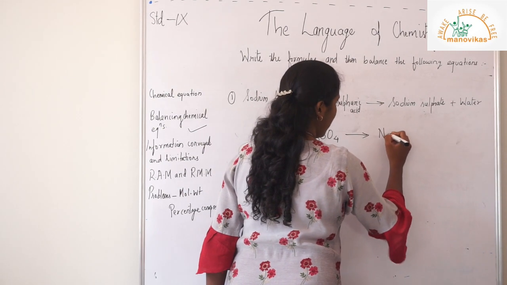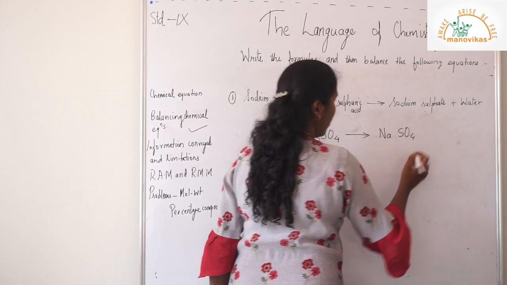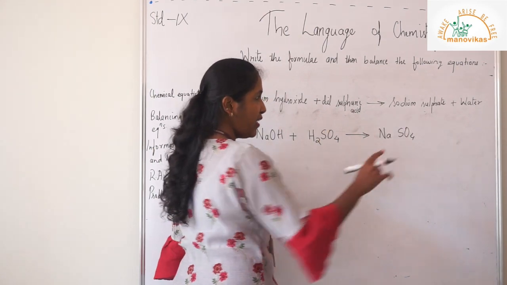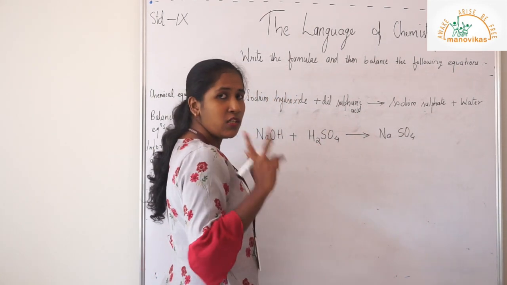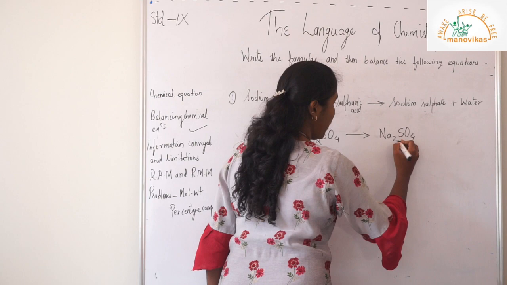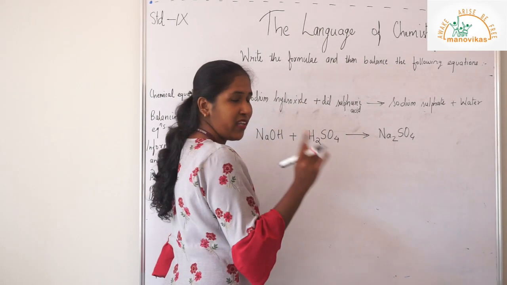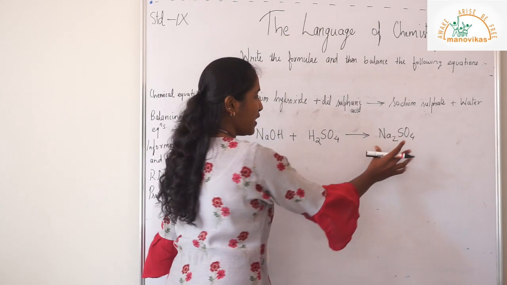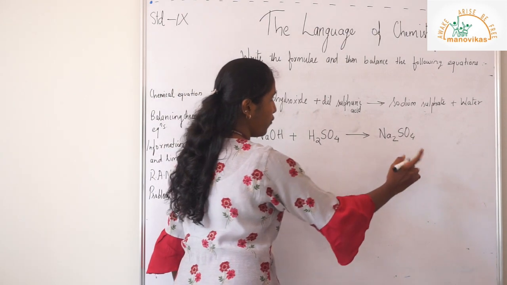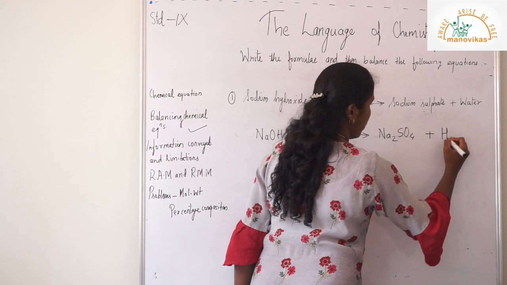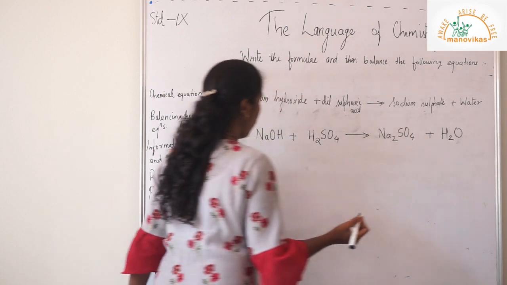Sodium is Na, sulfate is SO4, the valency of sodium is 1 and that of sulfate is 2. So it will be Na2SO4 1, wherein we don't write 1, it is understood. So it is Na2SO4 plus water, that is H2O.